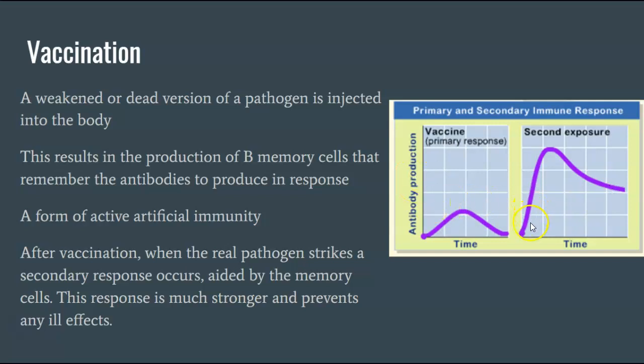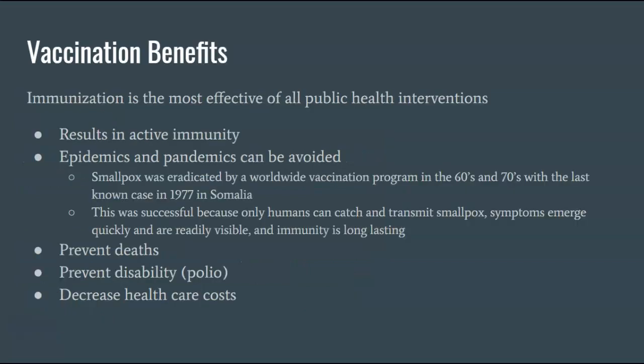Your antibody production just shoots up because they already know what it is. They're expecting a second response, and so they respond quickly. This is active artificial immunity. Basically, this just prevents ill effects because the response is stronger, faster, and it's literally meant to protect you.